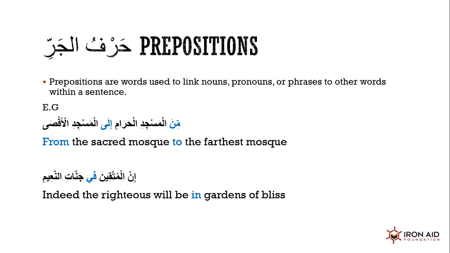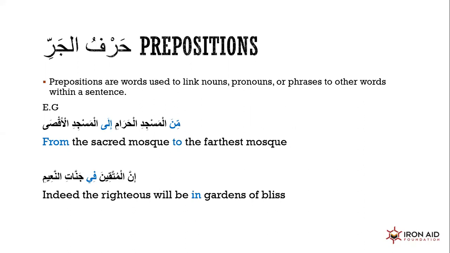So, first thing, prepositions. This is called harf al-jar, harfu jar in Arabic. Prepositions are words used to link nouns, pronouns, or phrases to other words within a sentence. This is what Google search gave me for the meaning of preposition in English.